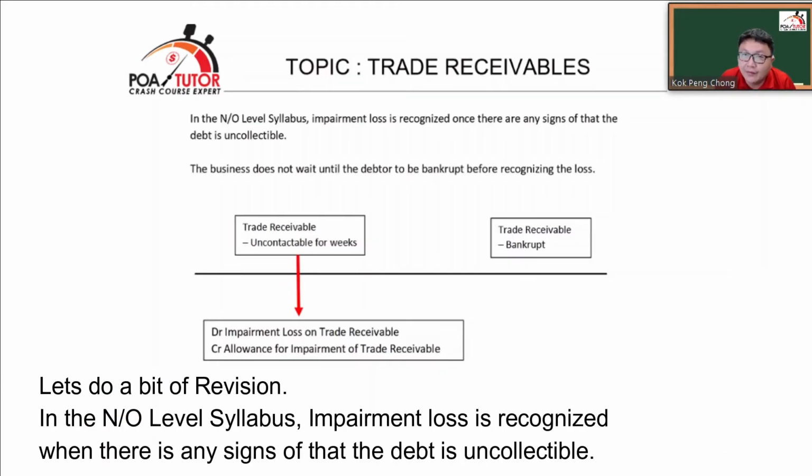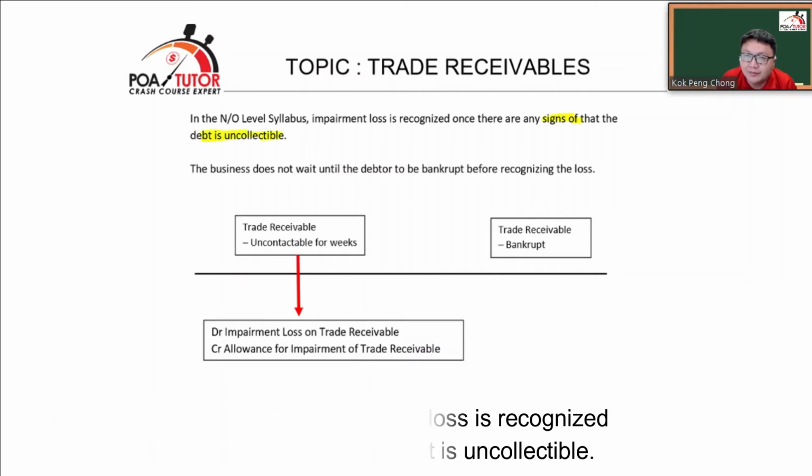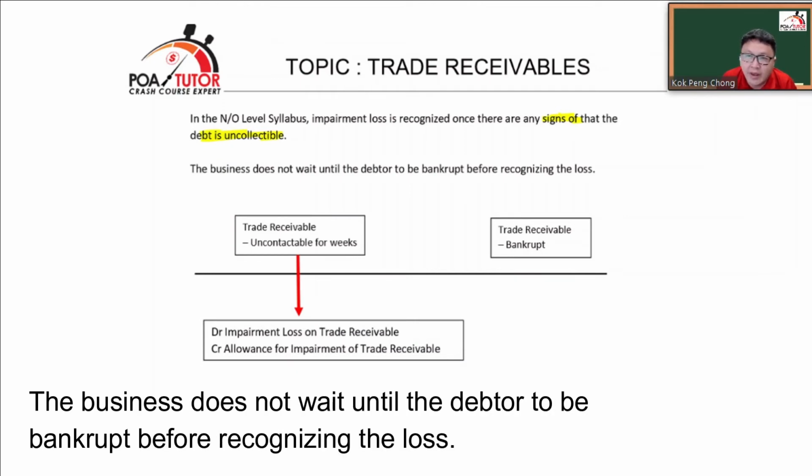Let's do a bit of revision. In the N-level syllabus, impairment loss is recognized when there is any sign that the debt is uncollectible. The business does not wait until the debtor is bankrupt before recognizing the loss.